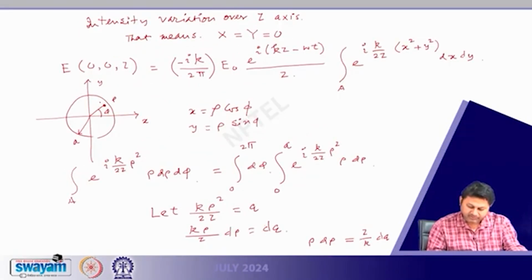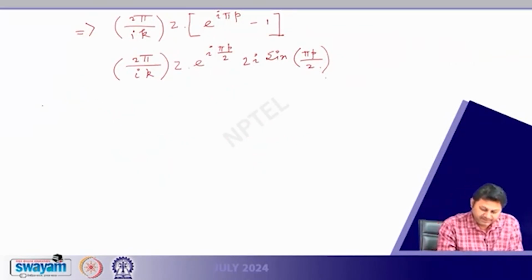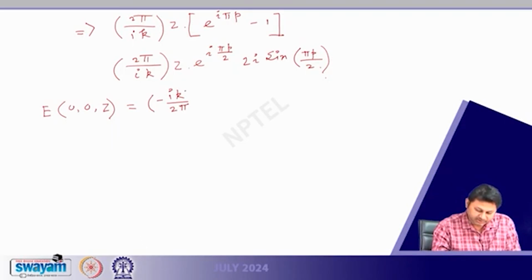So once we have this integral for this area, mind it from where we started this calculation, this area calculation is what we have been doing so far. So E over the z axis, that means at 0 0 z, is this: minus i k divided by 2 pi, that is the value we calculated in the last class, the value of the alpha proportionality constant.